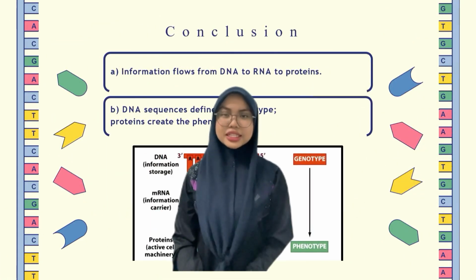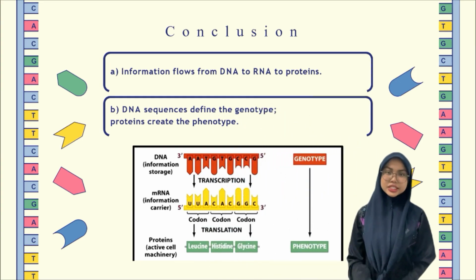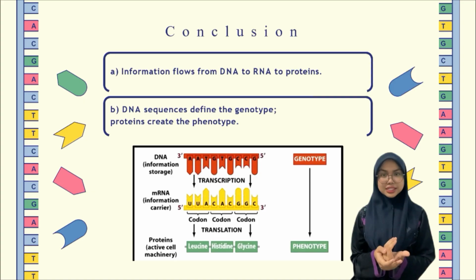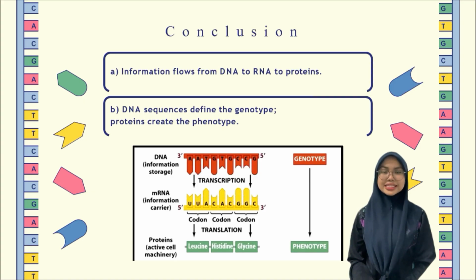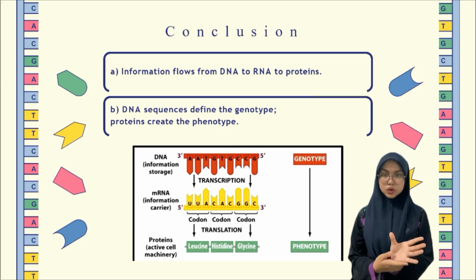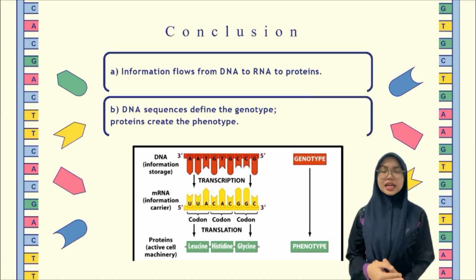In conclusion, genetic information flows from DNA to RNA and then to proteins, a process known as the central dogma of molecular biology. DNA stores genetic information which is transcribed into mRNA. Then the mRNA carries this information in the form of codons, which are sequences of 3 bases that code for specific amino acids.